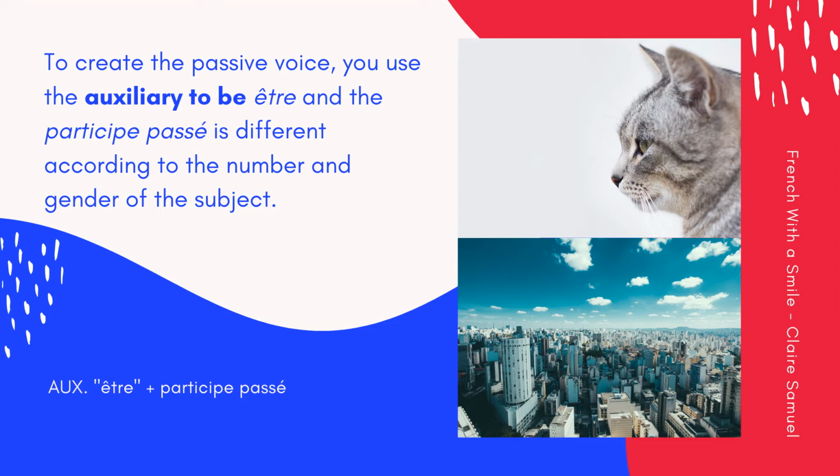To create the passive voice, you use the auxiliary to be, être, and the participe passé is different according to the number, singular or plural, and gender, masculine or feminine, of the subject.